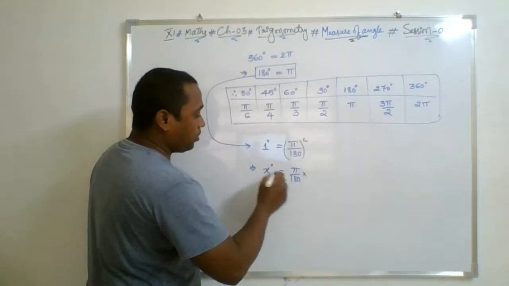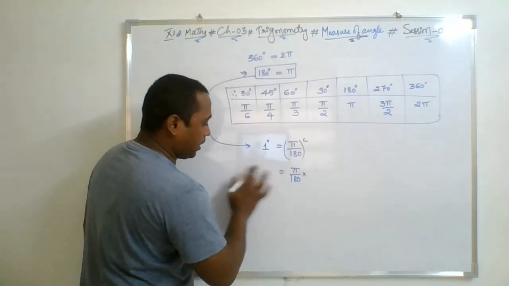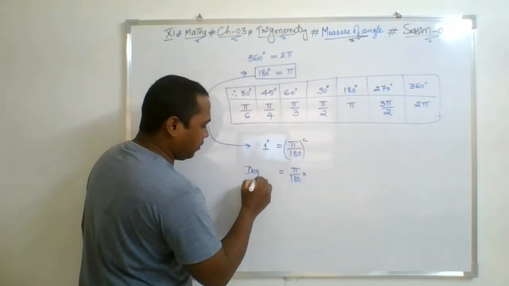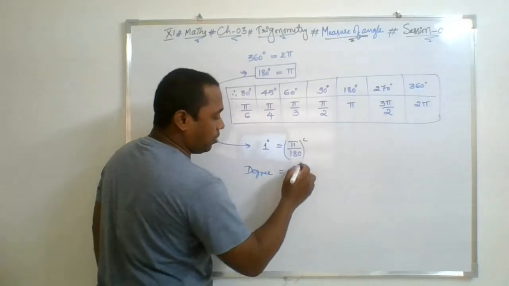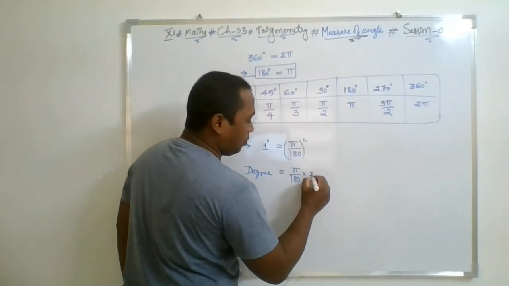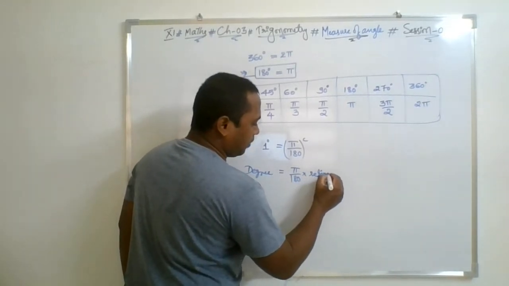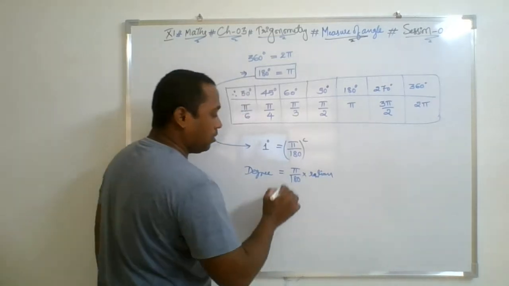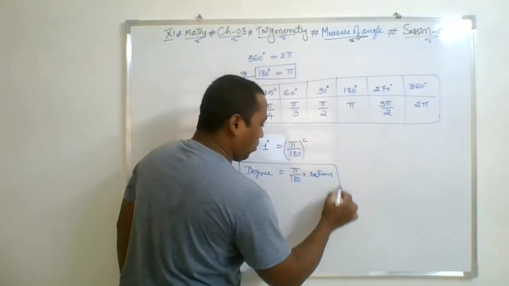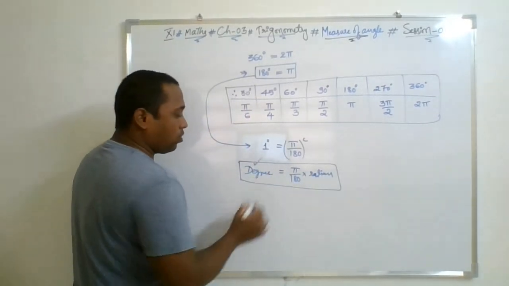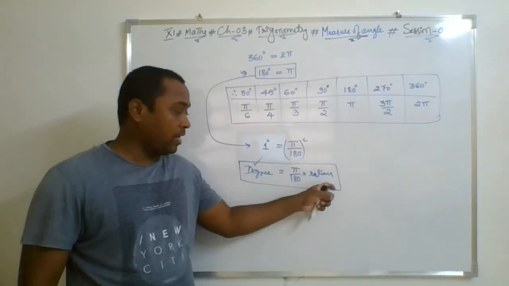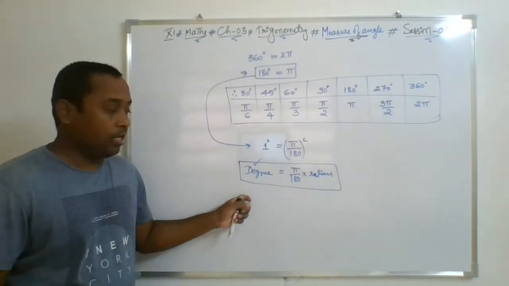So simply here I could say the degree measure is equal to pi by 180 into the radian measure. So this is a formula you can use to convert the given radian measure into degree.